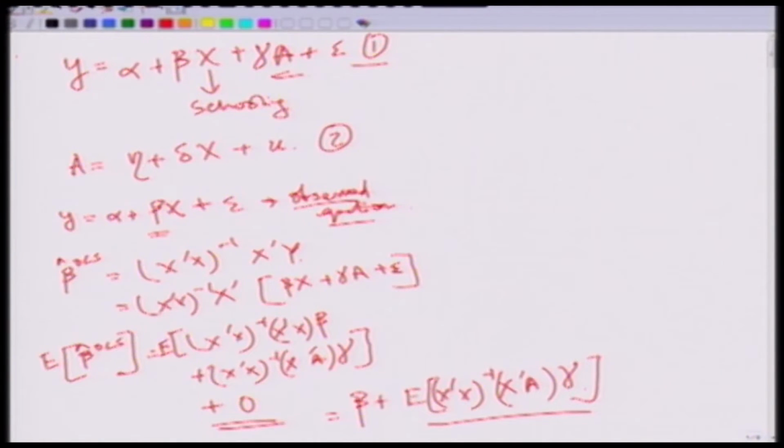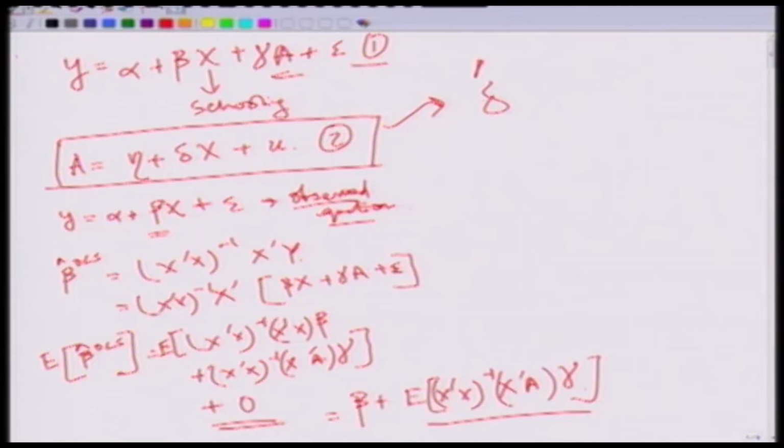Let us get back to the previous relationship that we outlined between a and X. From there, what we know is that the OLS estimate of delta, which is delta hat OLS, is nothing but (X'X)^{-1}X'a, and that is essentially what we have over here.